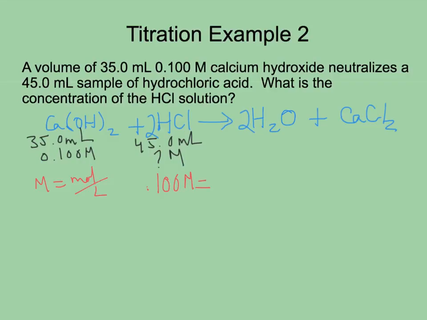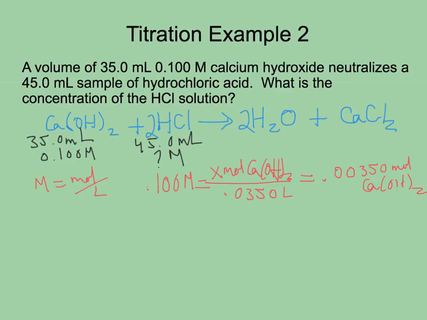That is equal to X moles of Ca(OH)2 over 0.0350 liters. So that gives me 0.00350 moles of calcium hydroxide.